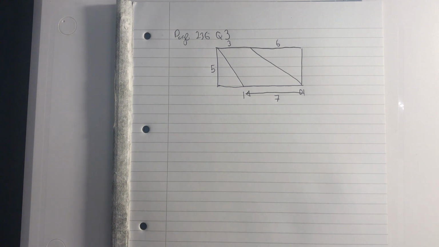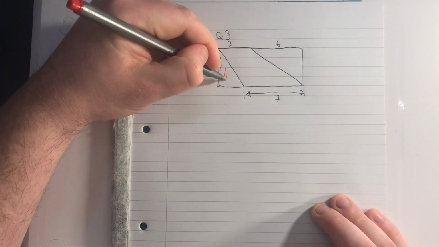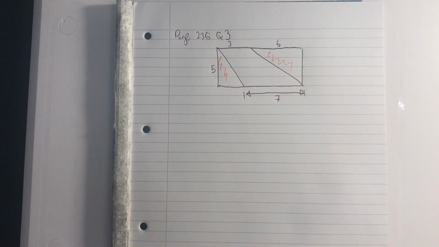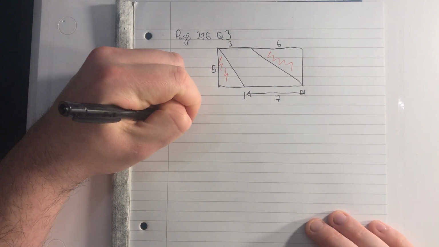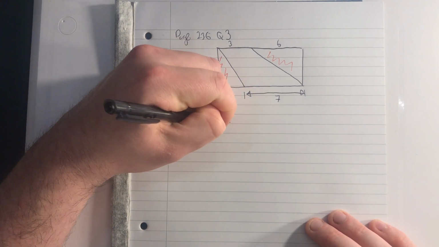So the way to tackle this, guys, is to think that this part here is the area of a triangle, and that's the area of a triangle there. So we're going to use a half base by perpendicular height.